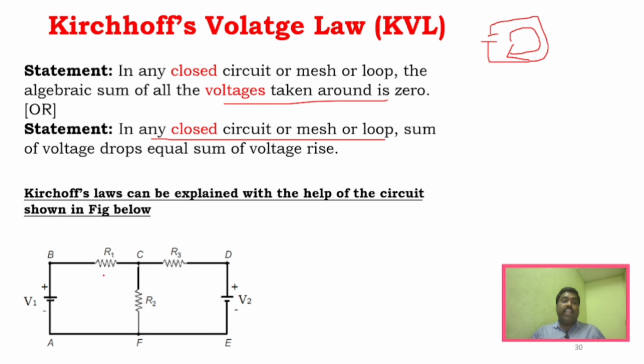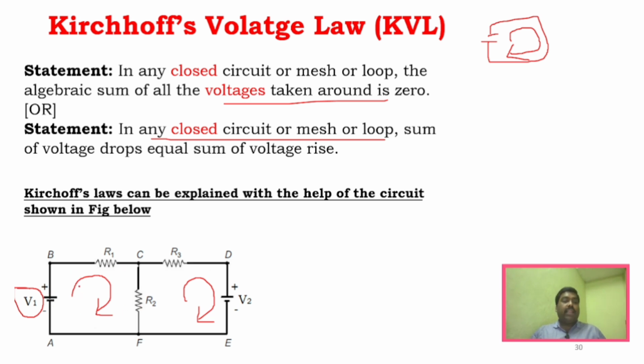Say for example, if you take this particular circuit, this is one particular mesh and this is another mesh, right? If you take this particular mesh, you can see this voltage V1, that is a voltage rise, from lower potential to higher potential. So there is a rise in voltage, right? And you have R1 and R2.